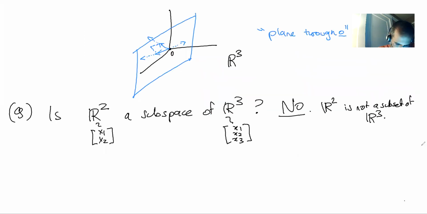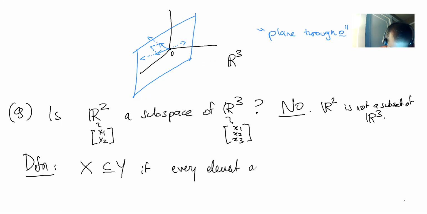X is a subset of Y if every element of X is an element of Y. So R2 is not a subset of R3 because no element of R2 is contained in R3. An array with 2 numbers is never contained in the set of arrays with 3 numbers. Does that answer the question? Yeah, thank you.